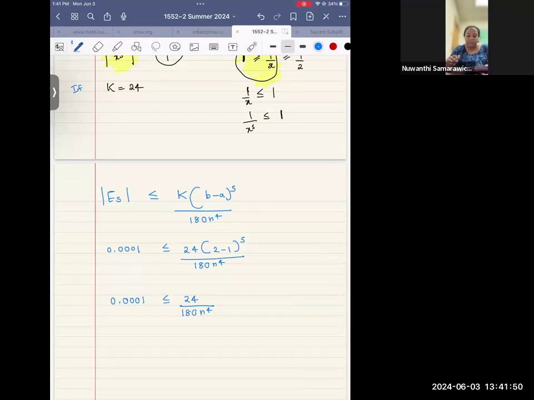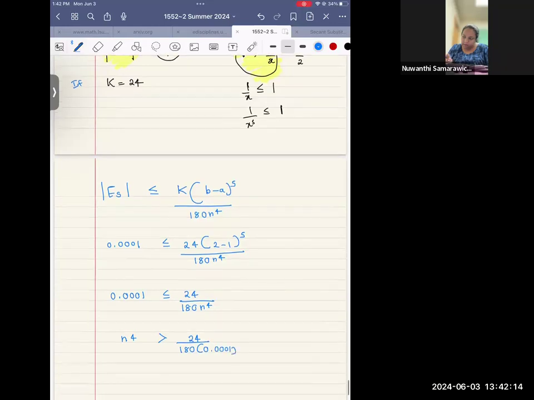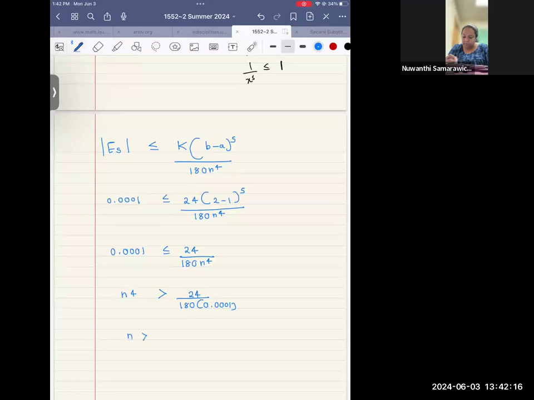So by solving this, we can say n to the power 4 is greater than 24 over 180 times 0.0001, and n is approximately 6.04, if you do the calculation.